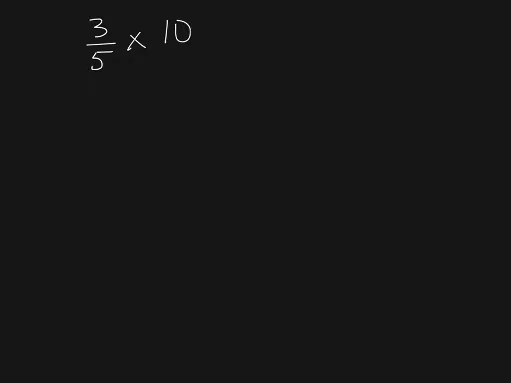So 3/5 times 10, I'm still going to write it as 3 times 10 over 5. But now I want to look for numbers in the numerator and the denominator that have common factors. In other words, a number that I can multiply by to get these numbers. And of course, the one that pops out at me right away is 5. 5 will go into the 5 in my denominator, and 5 will also go into 10.